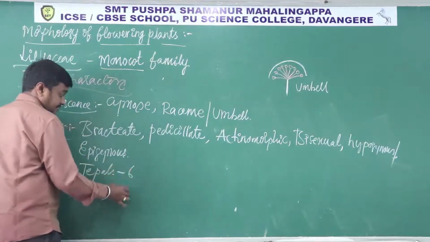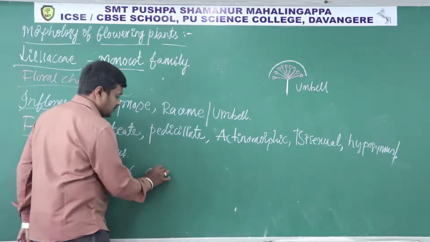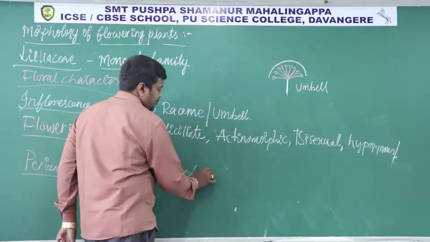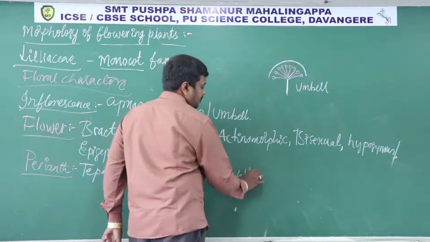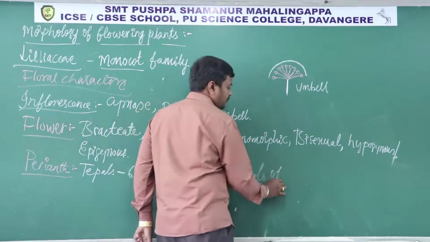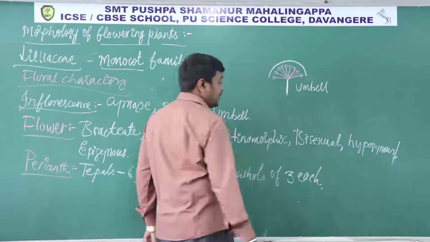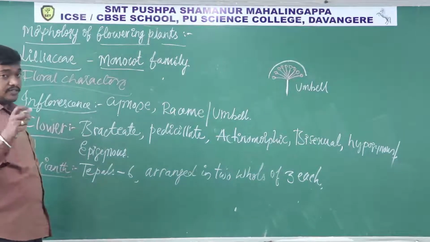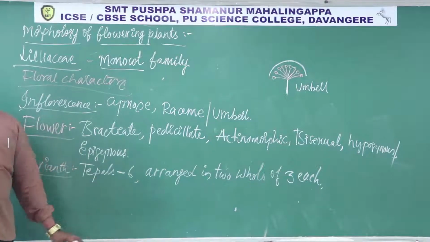Total number of tepals is 6, arranged in 2 whorls of 3 each. One whorl has 3, and the other whorl has 3. So totally arranged in 2 whorls, each whorl has 3 members. Totally, tepals are 6.